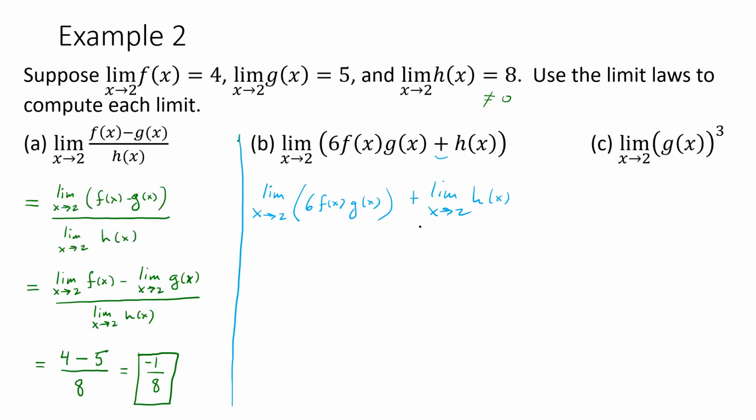Here I'm going to break it down into a bunch of steps, just apply one limit law at a time. So there I was just using the sum law, right? Sum law. And then from there, I can take out the constant multiple. We've got this 6 here.